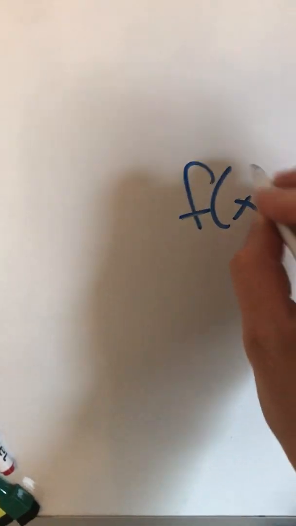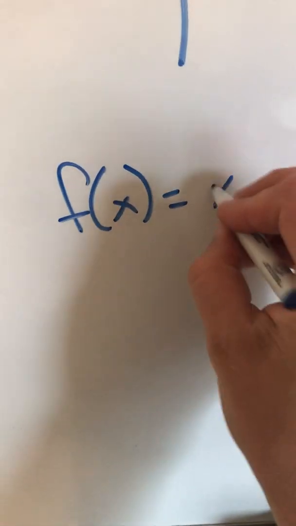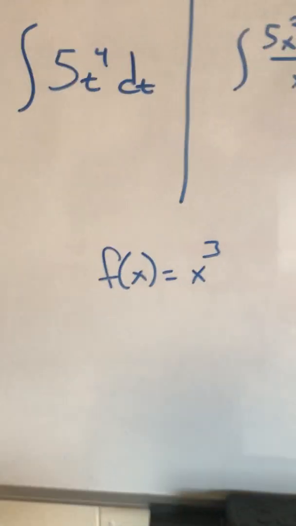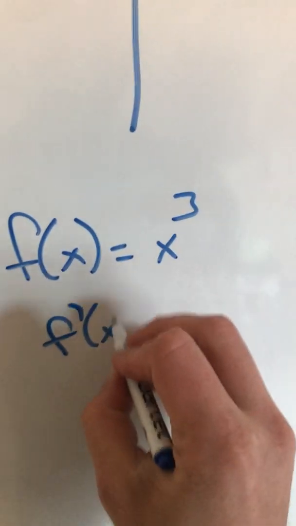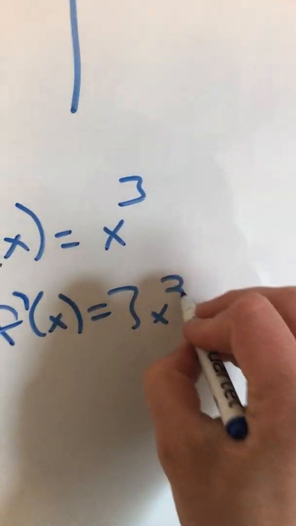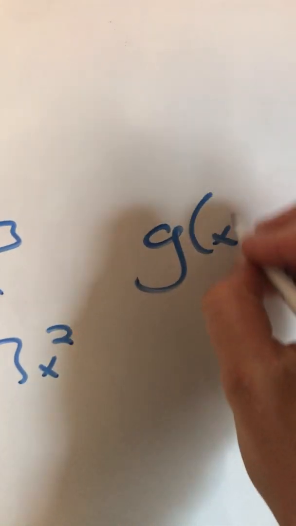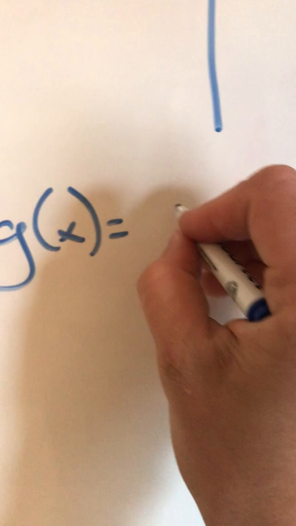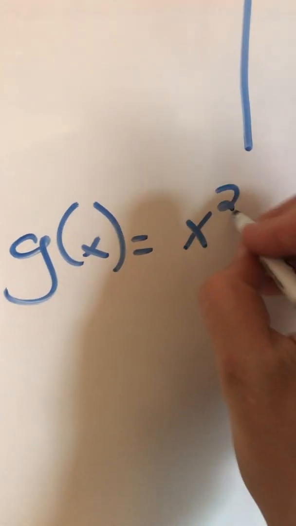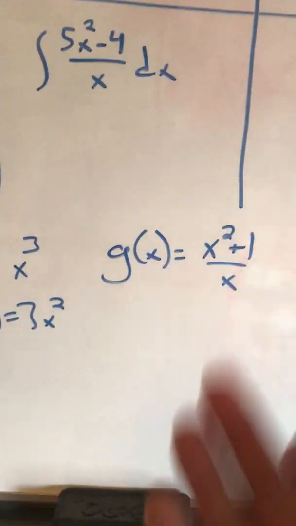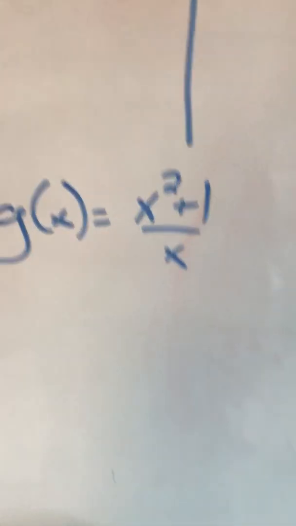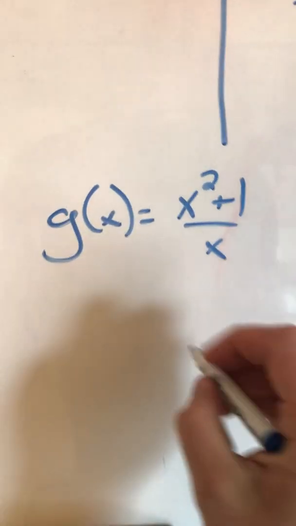For instance, if we had the function f of x equals x cubed, our first thing we always tried was, can I just do it regularly? And we totally could. 3x squared. Our next progress, if we couldn't do just a basic power rule, for instance, if I had something like x squared plus 1 over x, we asked, could I do some algebra before going to our product rule, quotient rule, and so on?